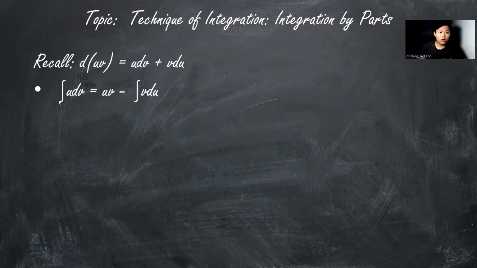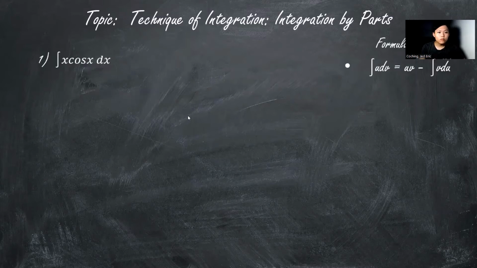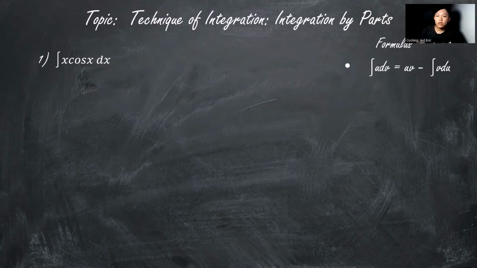The formula we will use is this: the integral of u dv is equal to uv minus the integral of v du. Okay, here we have an example.